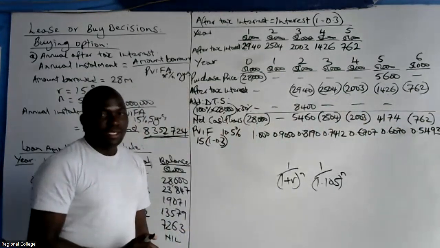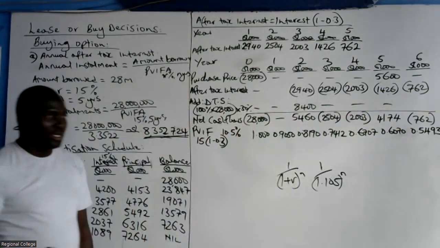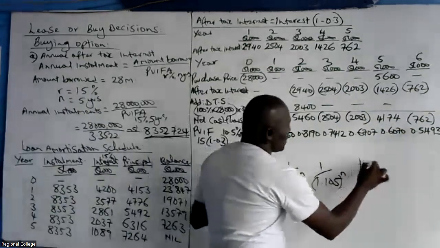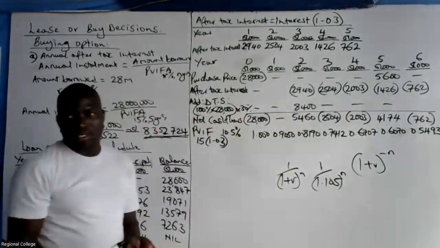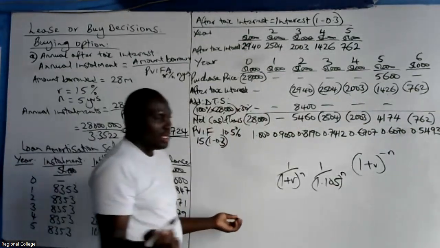And if that troubles you, we have the other formula, 1 plus r raised to negative n. Maybe that one can be direct for you.